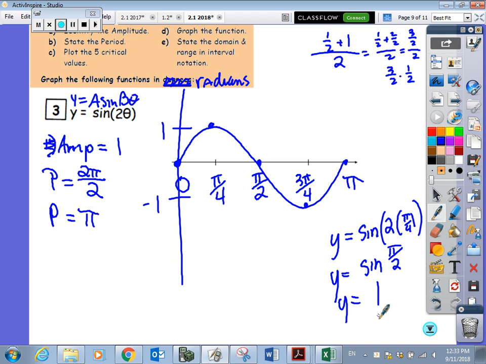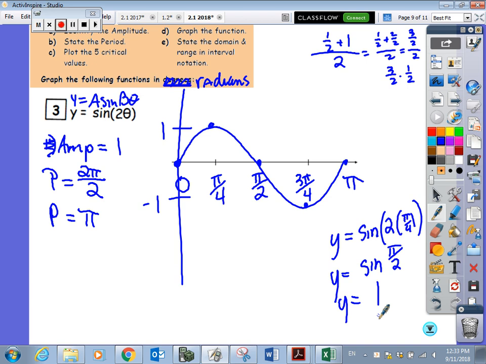So when we plugged in pi over 4, we got out a 1. Just because there's a pi over 2 on this graph at 90 degrees doesn't mean it's 1. It all depends on the original function given.